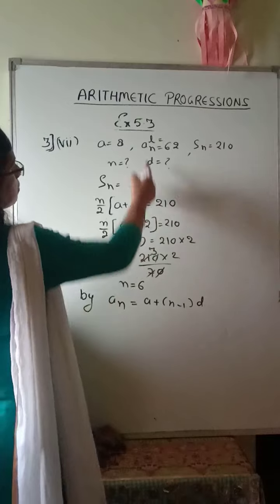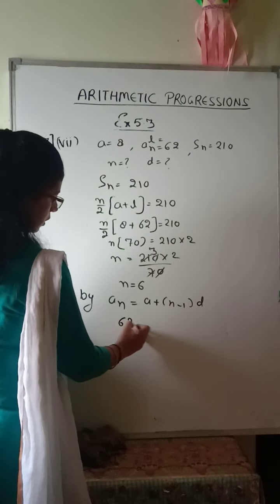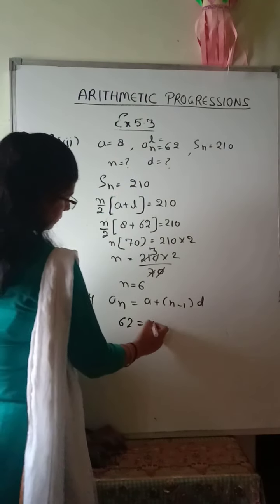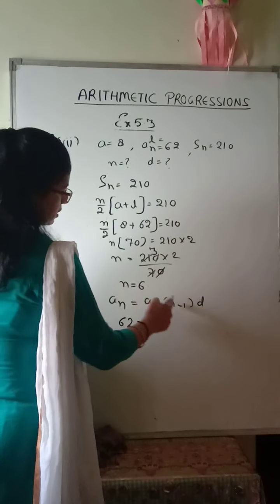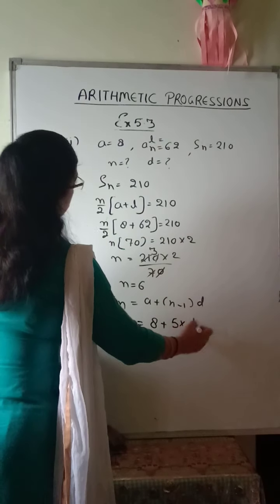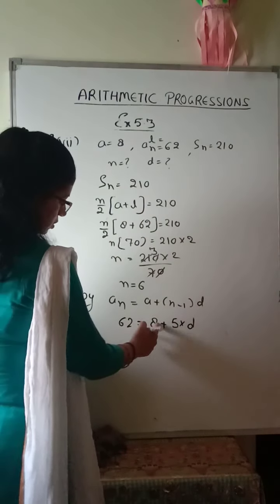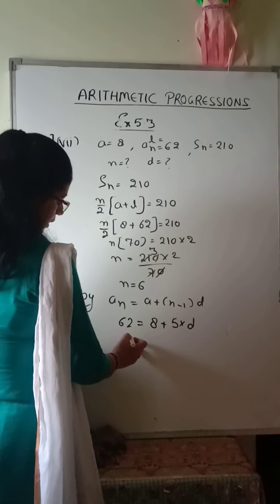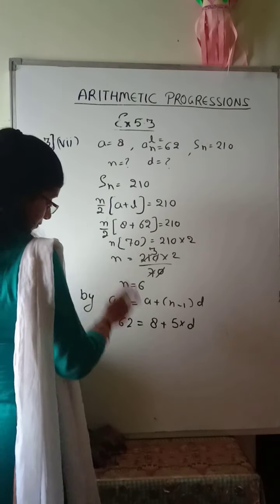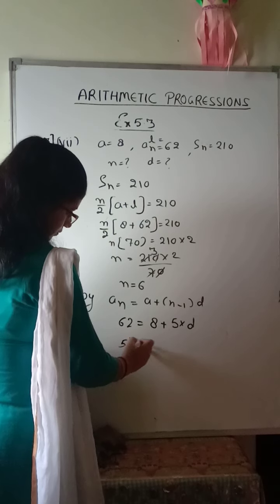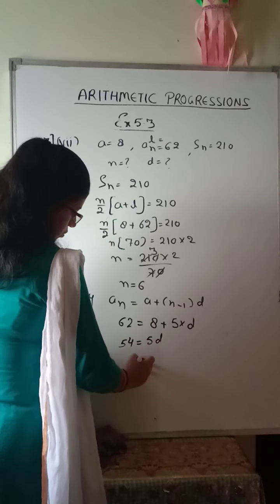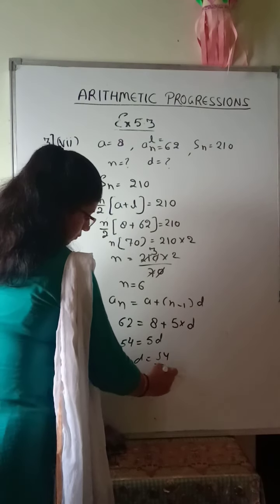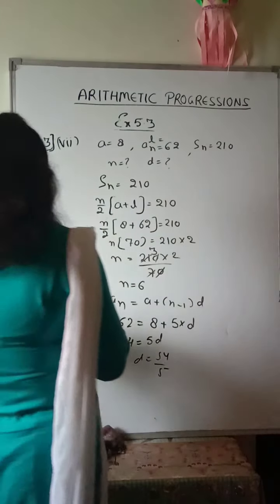So a nth term is given to you, 62 equals a, 8, plus 6 minus 1, 5, into d, we have to find. So 62 minus 8, 54, equals 5d. So d equals 54 upon 5. So this is our d.